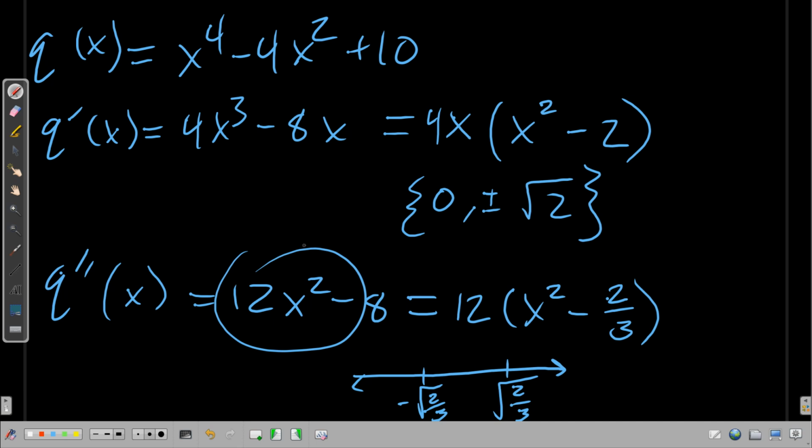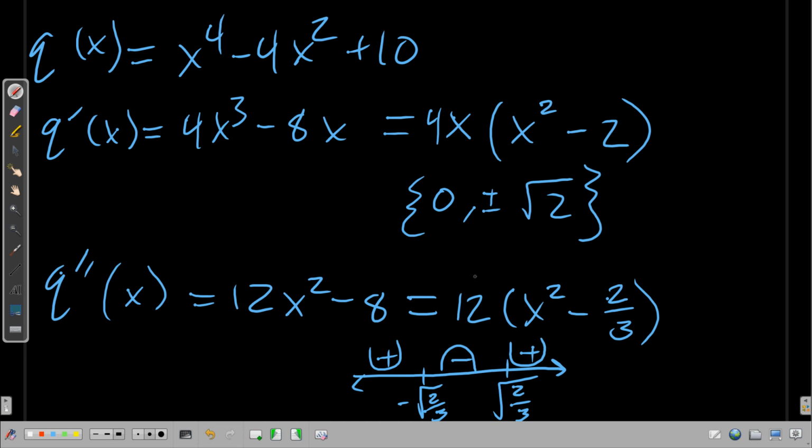Okay, this is a quadratic that faces up, so its graph looks like this. That means it's positive here, negative here, and positive here. So Q, excuse me, is concave up and then down and then up.